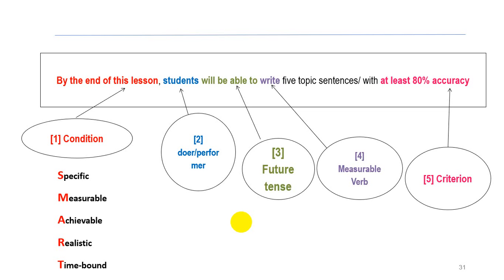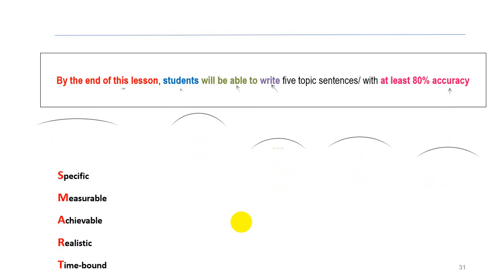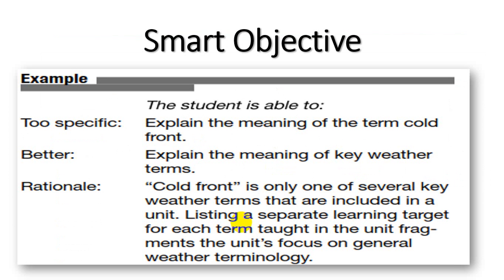And achievable, again, we can achieve this because it's a 3-paragraph essay. And realistic, this is realistic because we didn't ask him to write a book, for example. And most importantly, it's time bound: by the end of this lesson. So this is an example of a SMART objective.